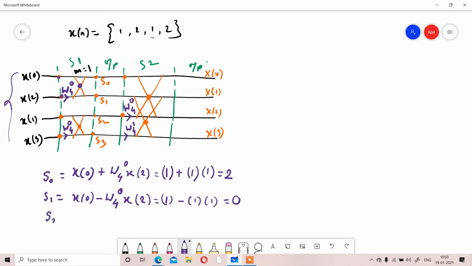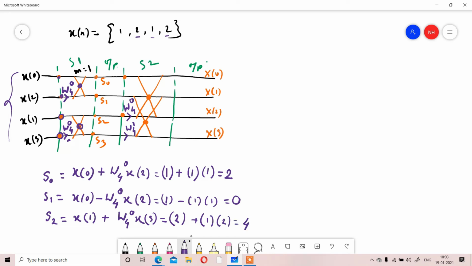Similarly S2 will be the positive part of that butterfly, and the inputs are x1 and x3. So x1 plus W40 x3, that will be your S2. The value of x1 is 2, the value of x3 is 2, so 2 plus W40 is 1 into 2, so it will be 4.